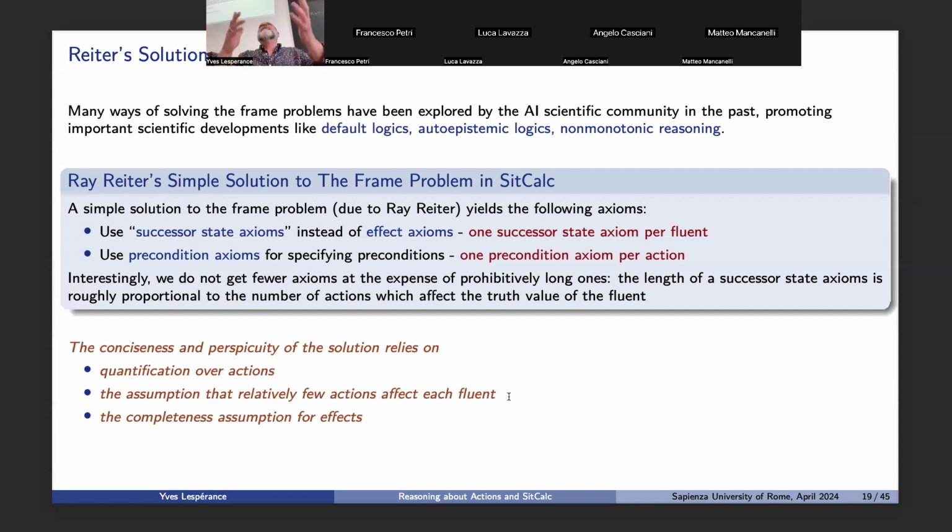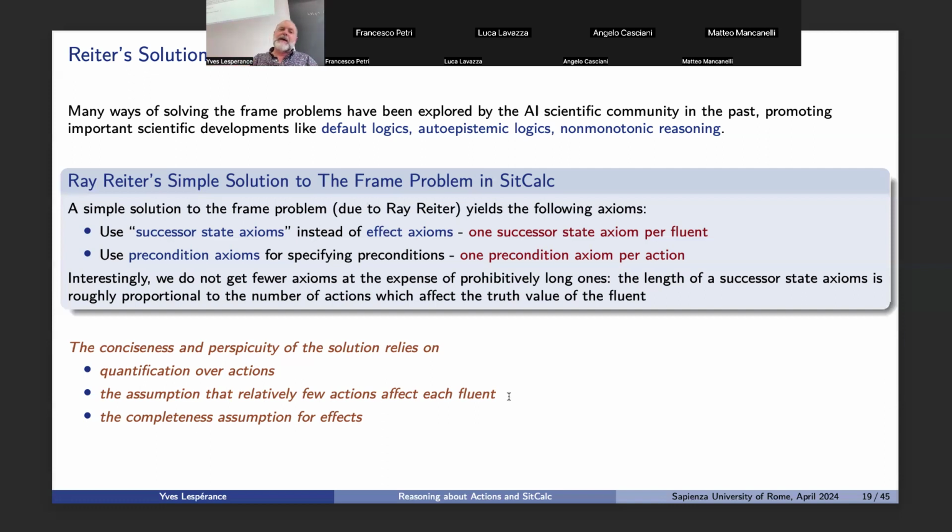Yes, this will affect everything. But these are not the kind of domains that we're usually interested in reasoning about. In more realistic situations, it's true that few actions affect few fluents.